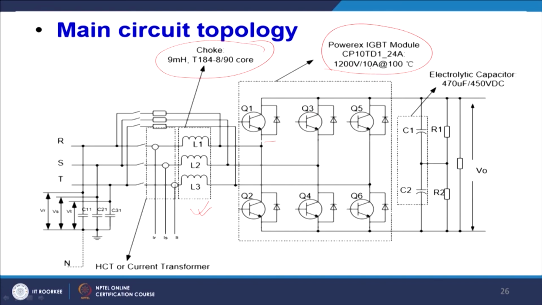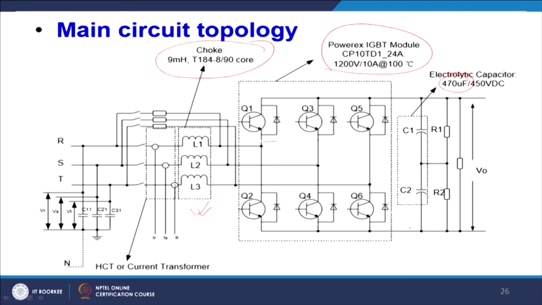They have used this IGBT, which has a rating of 1200 volt, 10 ampere at 100 degree centigrade, and we are using an electrolytic capacitor of 750 volt. Generally it will be boosting the voltage.